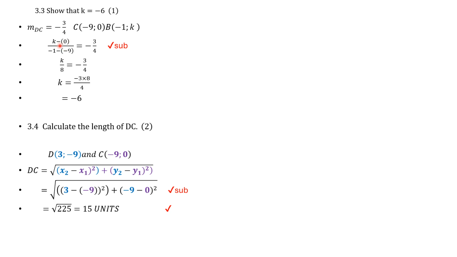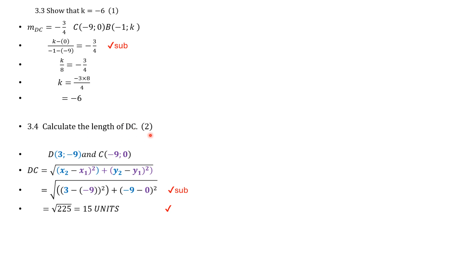K minus 0 is k, minus 1 plus 9, and 9 minus 1 gives me 8. From there, k equals negative 3 times 8 divided by 4. Negative 24 divided by 4 gives me negative 6. So 1 mark there for correct substitution. The answer was already given, so we can't give you a mark for finding the answer.